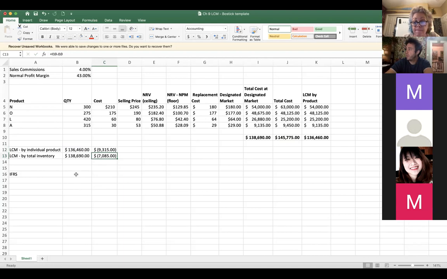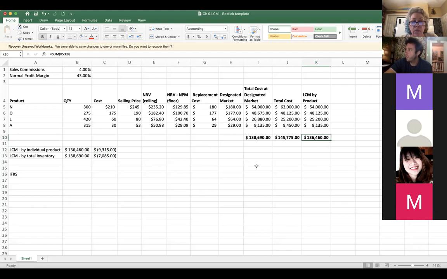I have another question. I'm sorry. Sure, Nelson, not a problem. Just like formula based, for the LCM by product, the negative 9,000 that you just got, you put it with the 136,000 that you just got over here. Would you use the one that you have highlighted right now, or the one that you just made over here in the LCM section?